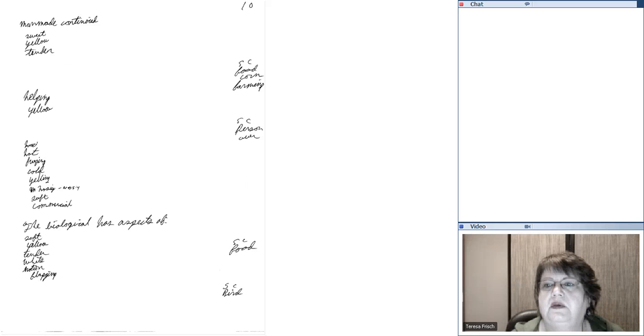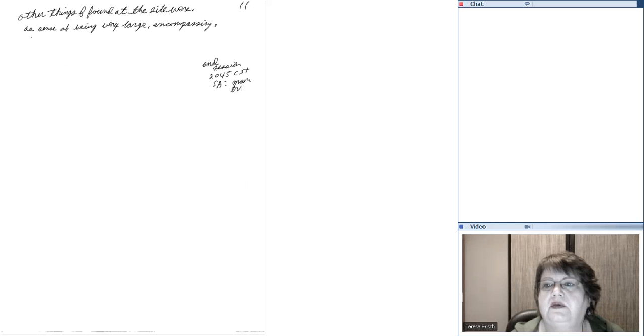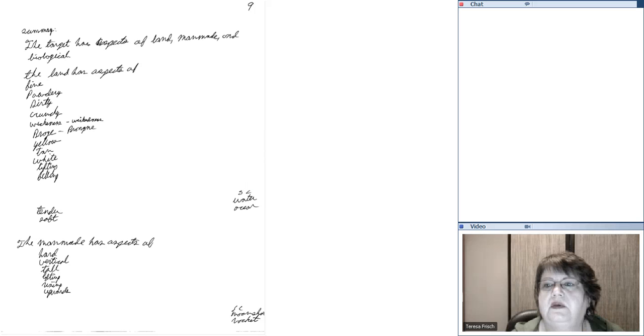Or maybe, was it in the summary, oh, wait a minute. Target has aspects of land, man-made, and biological. Land has aspects of, looks like fine. Yeah, fine. Had a lot of... Wicked. Where is that?